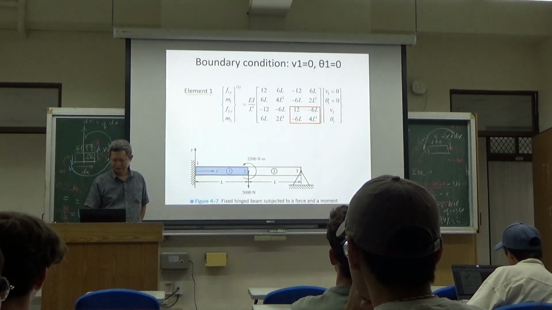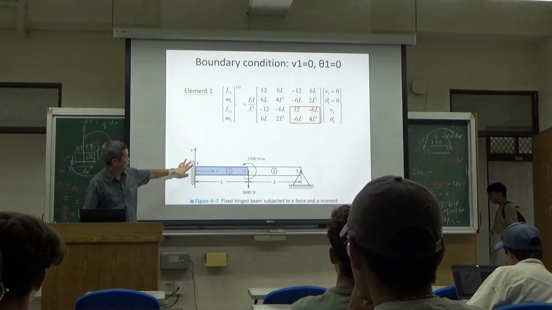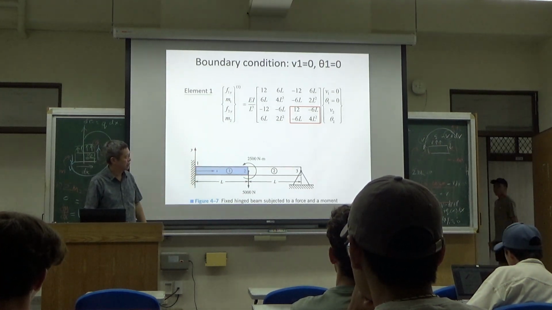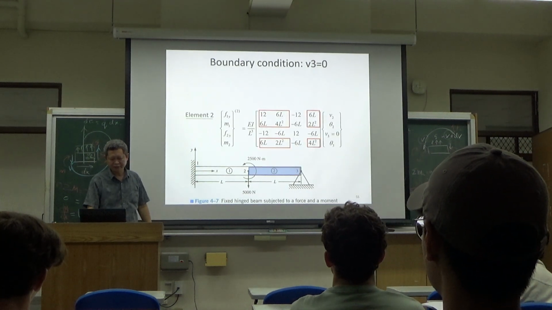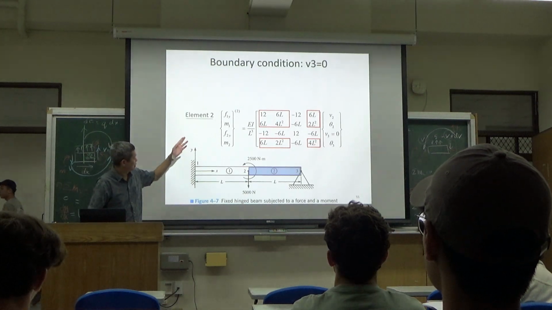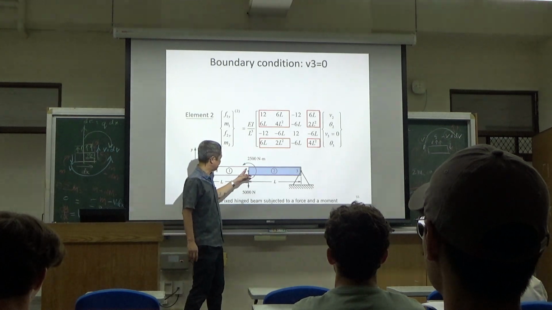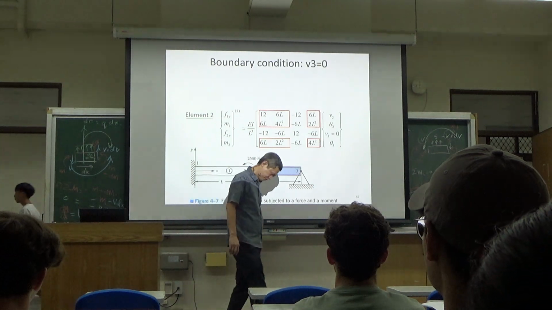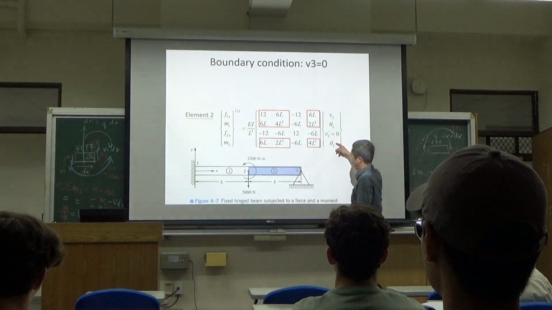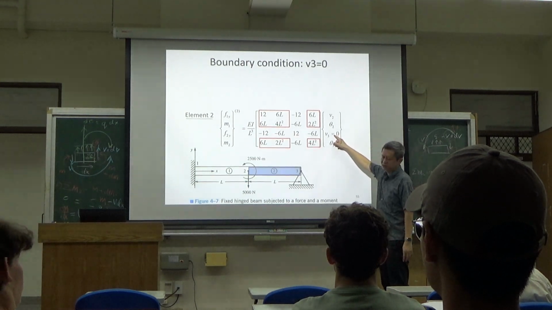First, write the first equation. Identify the 3 nodes. Next, write the second equation for the second element's force balance, and then identify the 3 nodes. Because the second element has a pin support, the pin support will not restrict the angle of deflection, but only restricts the vertical displacement.